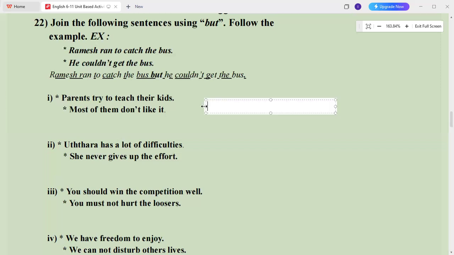Parents try to teach their kids, but most of them don't like it, right?